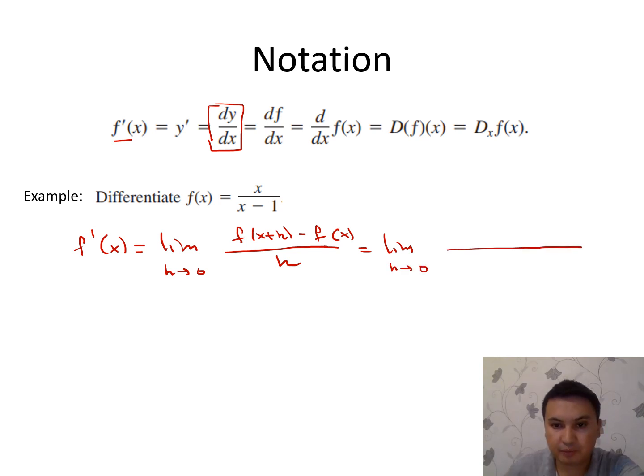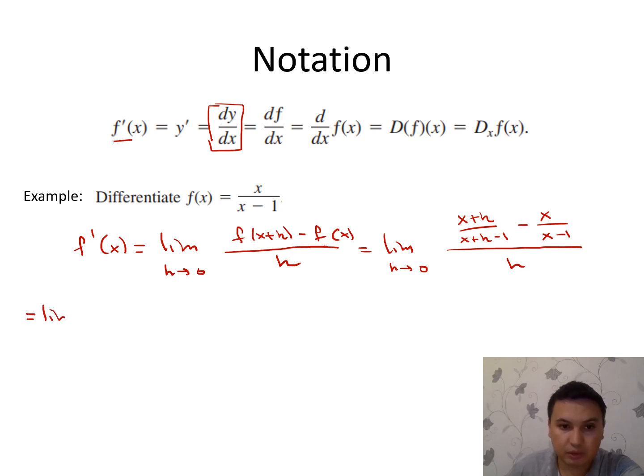Right? What do we have? What is my f? It is x divided by x minus 1. So I substitute x plus h. I get x plus h over x plus h minus 1 minus, in place of f of x, I simply write x over x minus 1. Now we need to bring to common denominator, right?